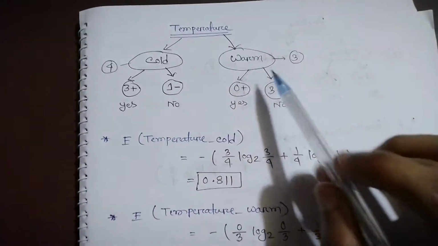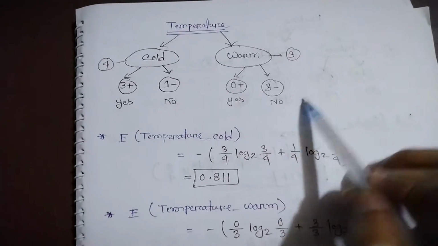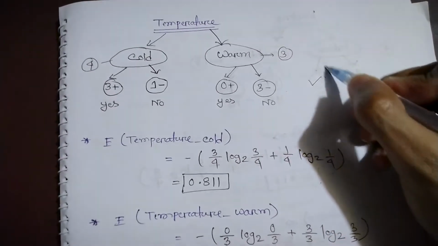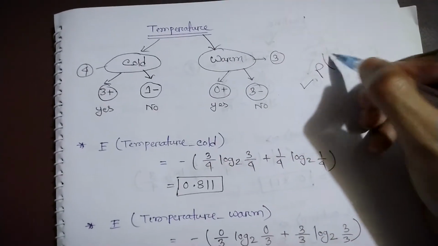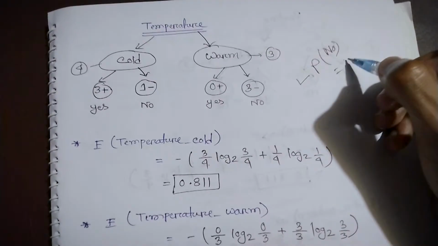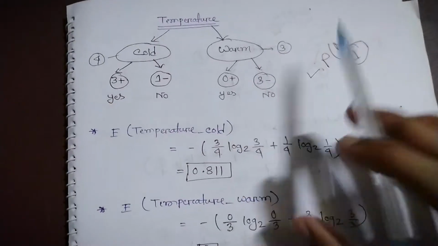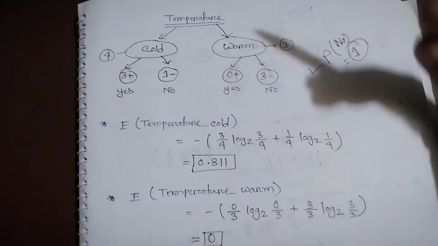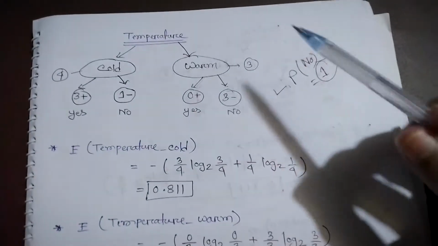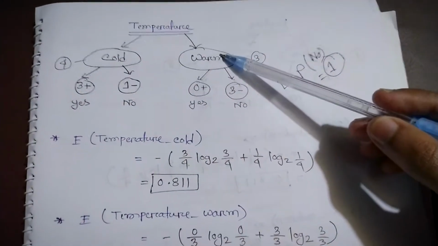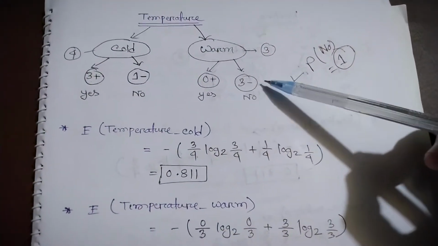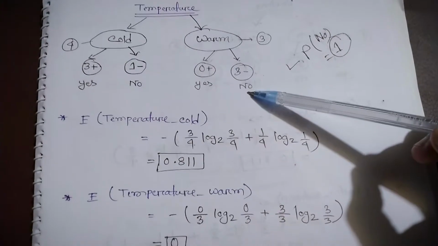If your temperature is warm, there is always no, so the probability of no is 100% if the temperature is warm. So you are not wearing the coat if your temperature is warm. When the temperature is warm, you are not going to wear the coat.